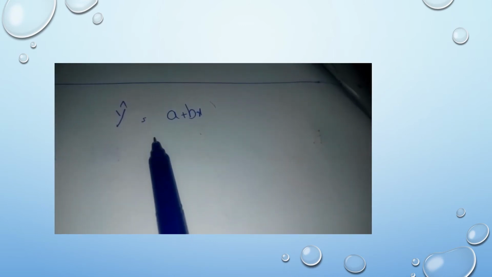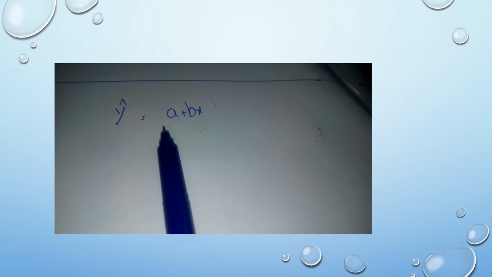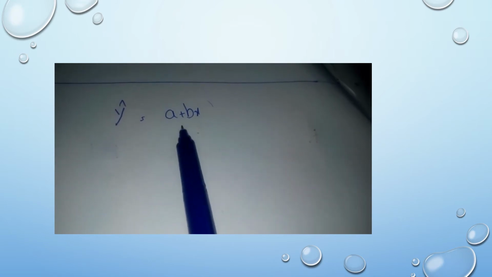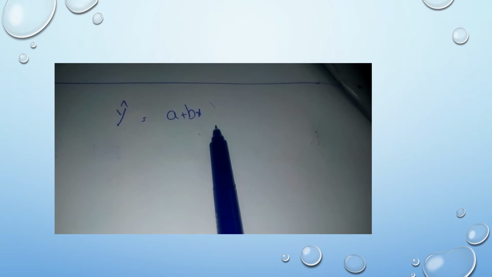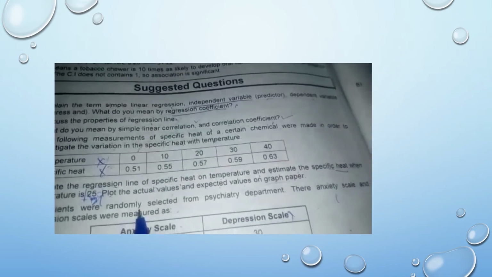When we calculate the regression line, y hat is equal to a plus bx. So usually the examiner asks this step. Sometimes the value of x is given and sometimes the value of x is not given. For example, in question number 4 the value of x is given, in question number 5 it is given. In question number 8 the value of x is not given.